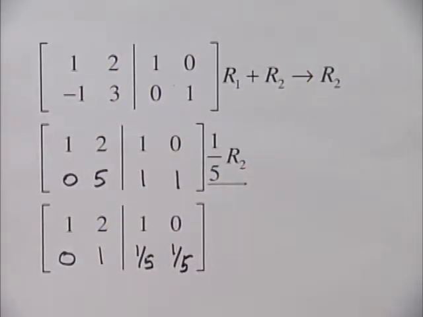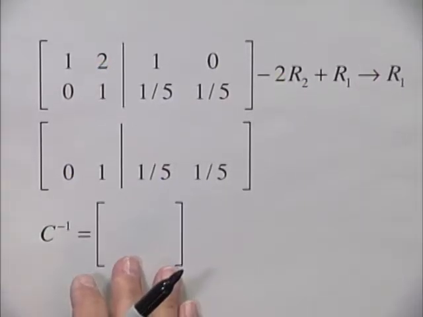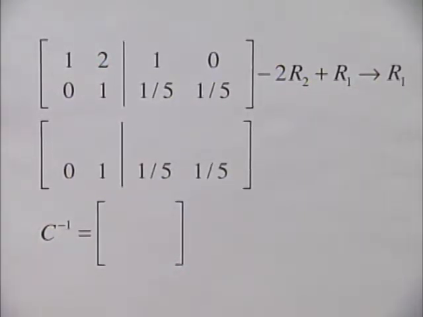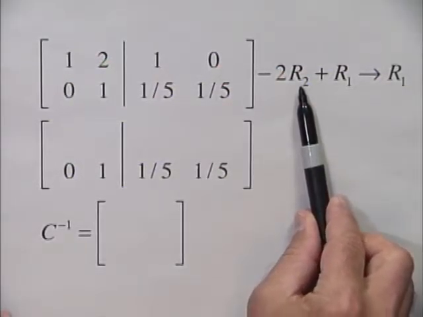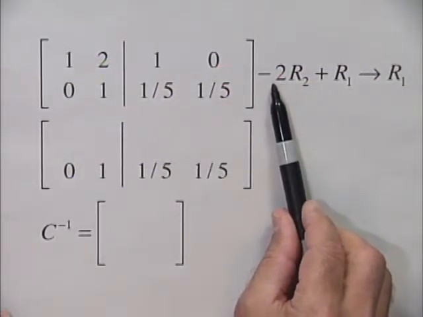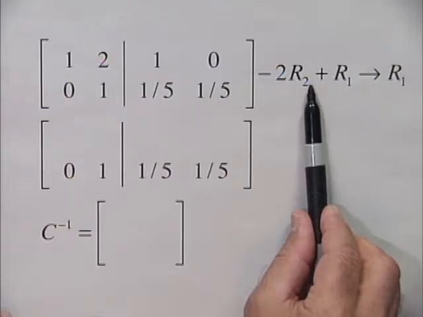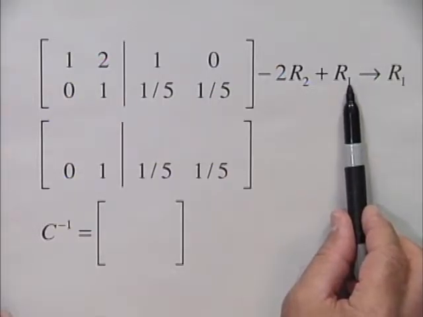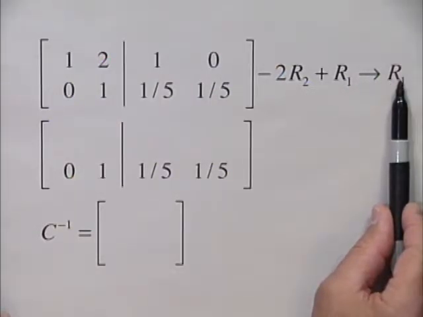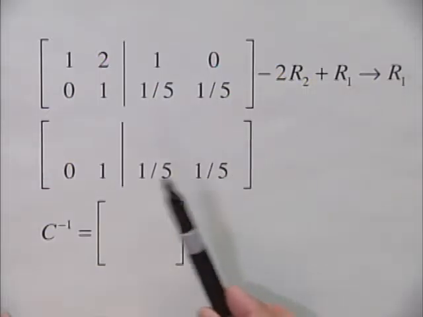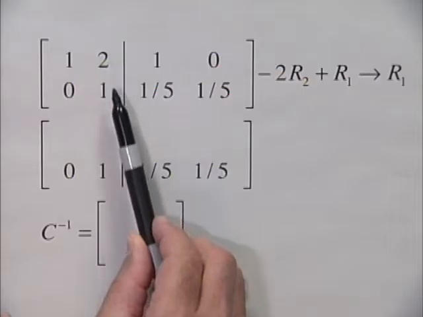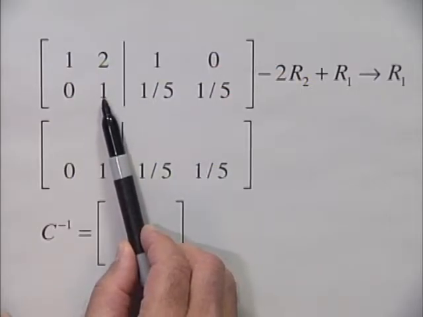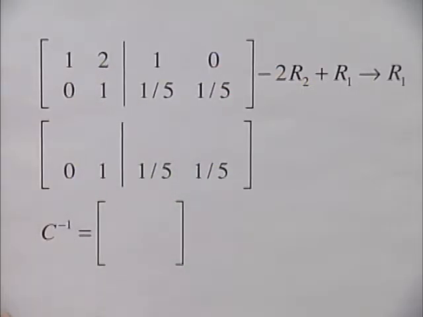So I've written that matrix at the top here, and we wish to perform the following operation. We're going to take negative 2 times row 2, add it to row 1, and replace that in row 1. The reason we're doing this is we're attempting to get a 0 in this position, and that would involve multiplying row 2 by negative 2 and adding it to row 1.